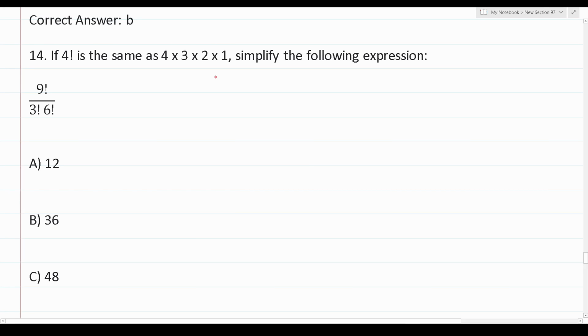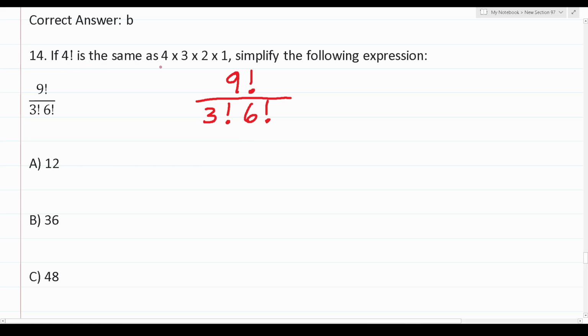All right, so number 14 says, if 4 factorial is the same as 4 times 3 times 2 times 1, simplify the expression. We have 9 factorial over 3 factorial times 6 factorial. Well, let's go ahead and expand this.